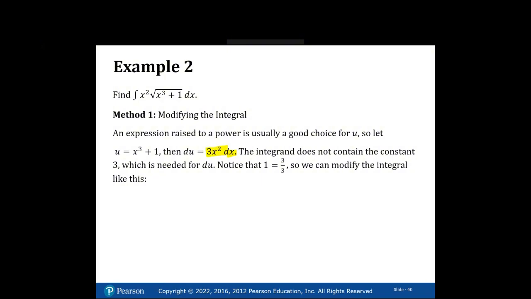One way is knowing that 1 is the same as 3 over 3. So I can rewrite that by putting 1 over 3 on the outside and 3 on the inside. Then, now I get my 3x squared dx that I wanted, right? That's going to be my du.